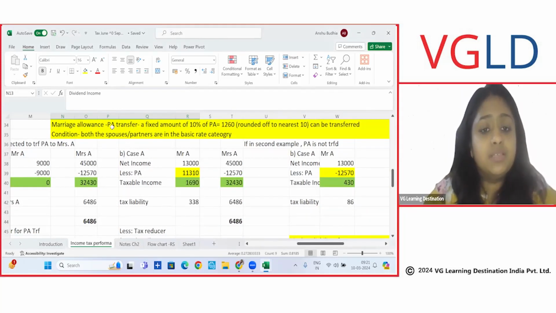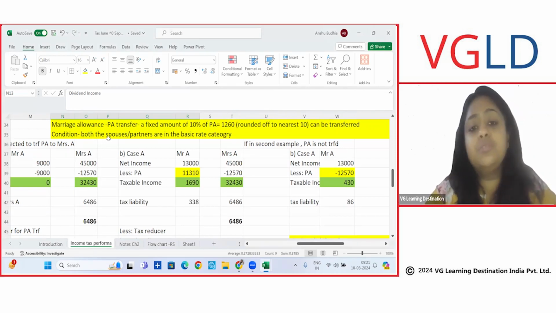Now, marriage allowance, PA transfer. We transfer a fixed amount of 10% of PA, that is 1260, can be transferred. And both the spouses or the partners should be in the basic rate category.